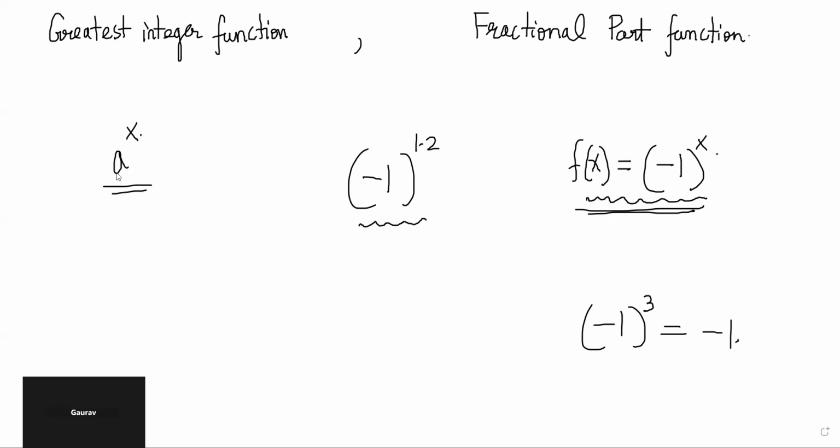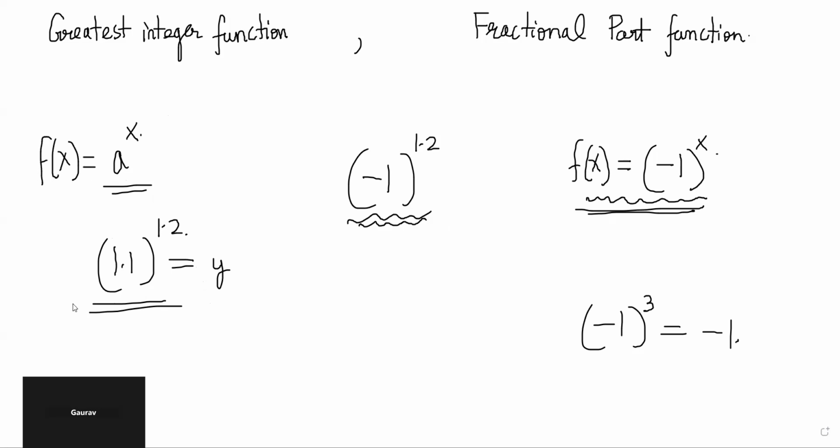If it was 1.1 to the power 1.2, this can be calculated. If I wanted to find the value of this, I can take log and find the value. But can you do that for this? No. So when we are saying it is not defined, it's only because we can't make it part of an exponential function.